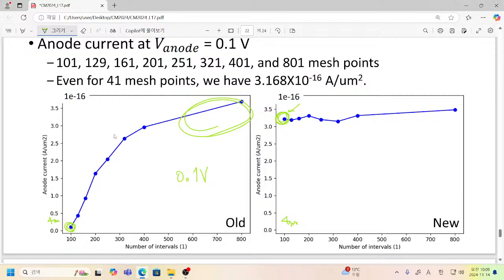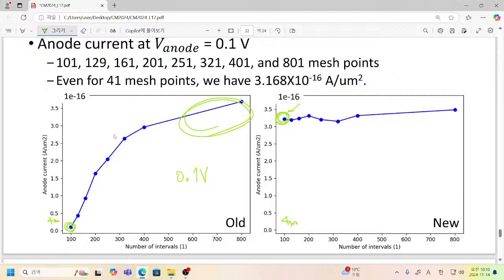If you are involved with numerical calculation, you can always try to improve your numerical scheme. Sometimes you make some success, or sometimes you have just a so-so result. But this Scharfetter-Gummel scheme shows the biggest achievement of previous work.